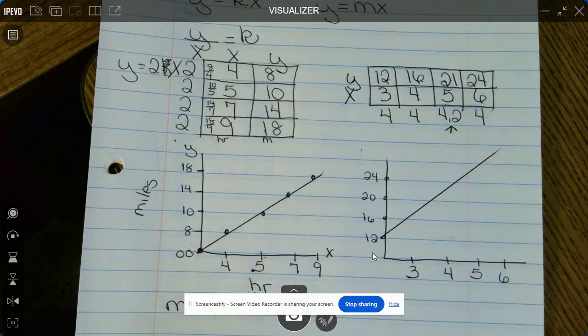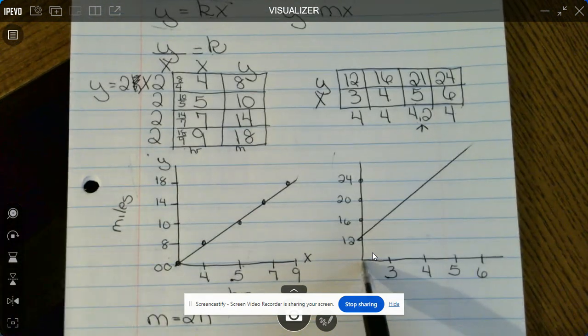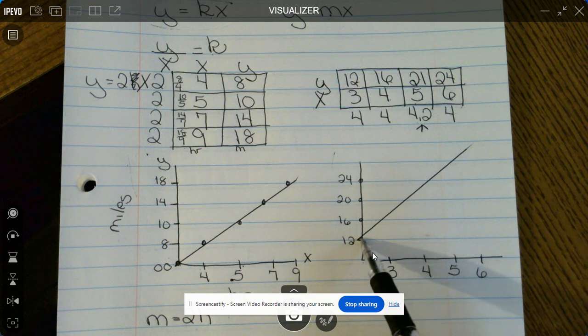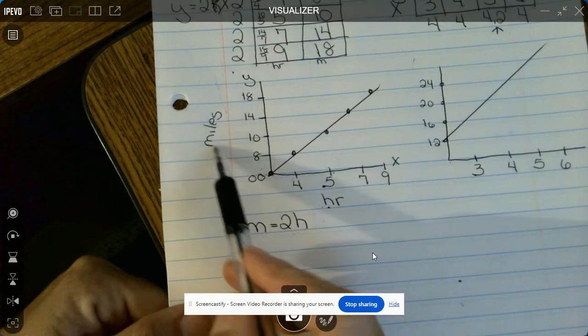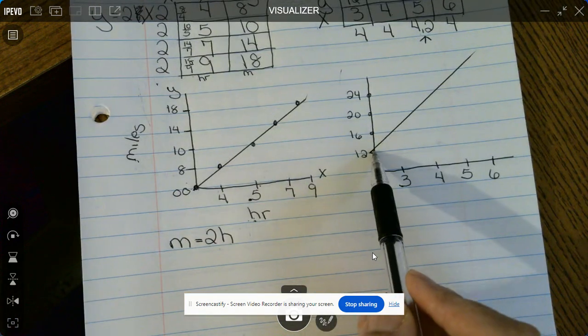No, because it might be a straight line, but it doesn't go through the origin, because I chose for it to start at 12. I want you to visually be able to say, hey, it's not proportional. This is talking about miles versus hours. So this one's not proportional.